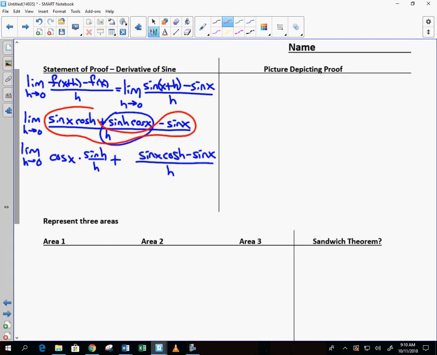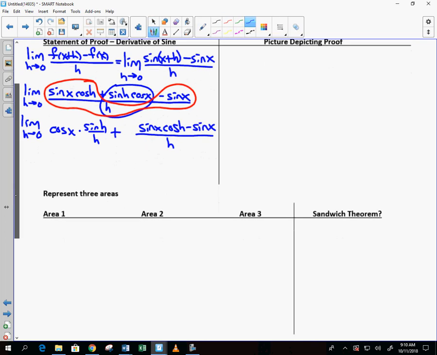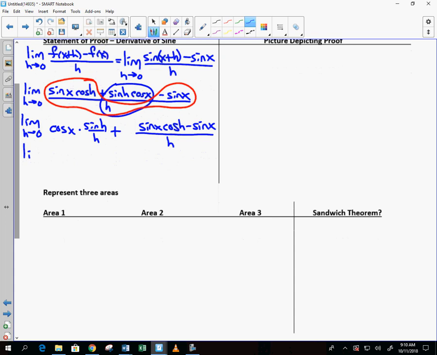I just broke it up into two different fractions. And now we're going to do Katie's idea, which is we're going to factor a sine of x out of that second expression to get the limit as h goes to 0 of cosine of x times the sine of h over h plus the sine of x times the cosine of h minus 1 over h.